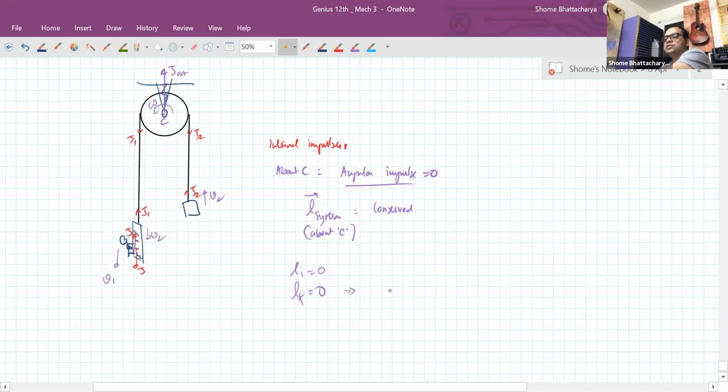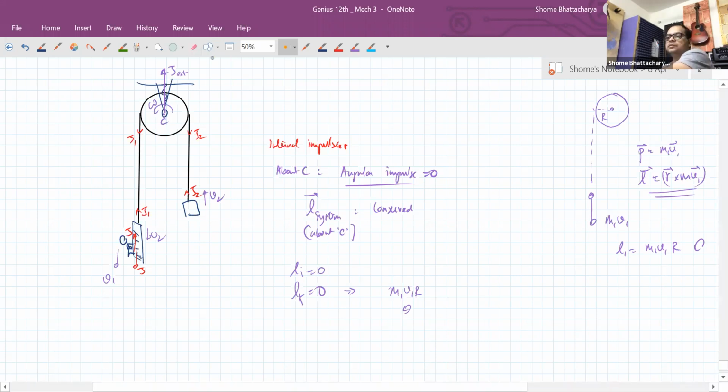So this is the person's mass, let's say M1, into V1 into R: linear momentum into moment arm, R cross mV, that formula. Oh, sorry, the person is going up.